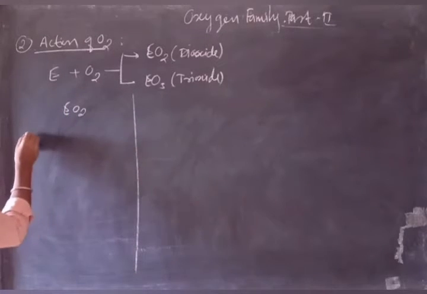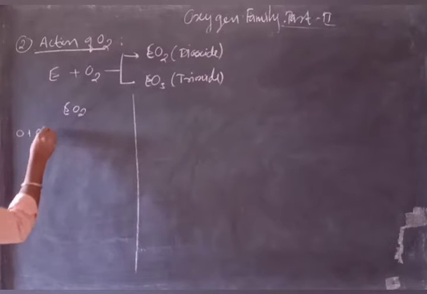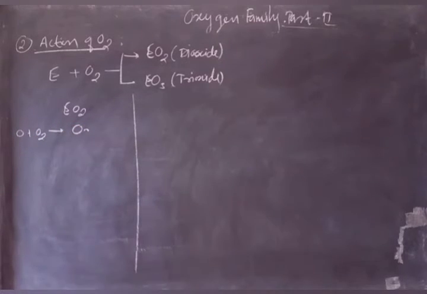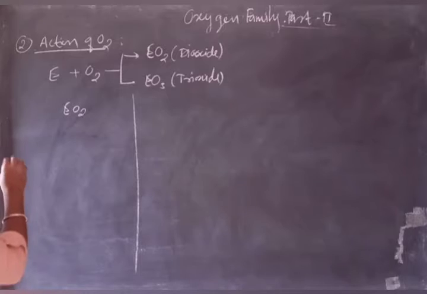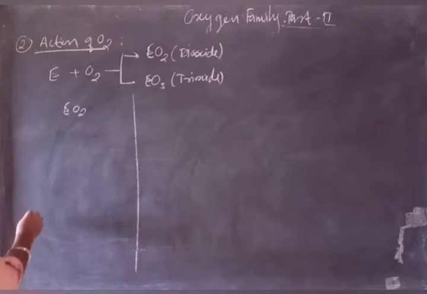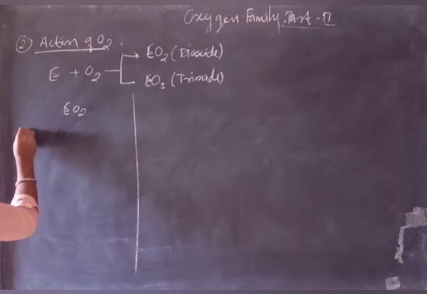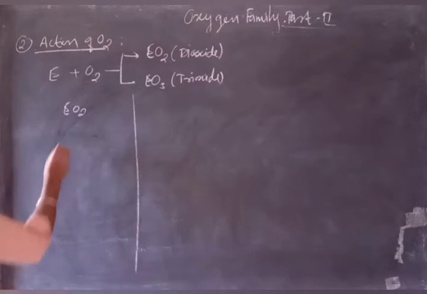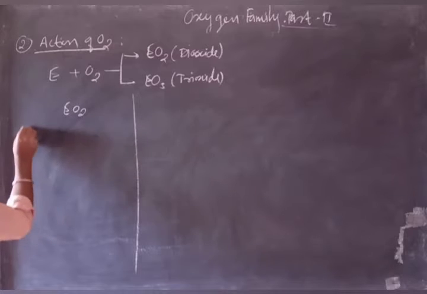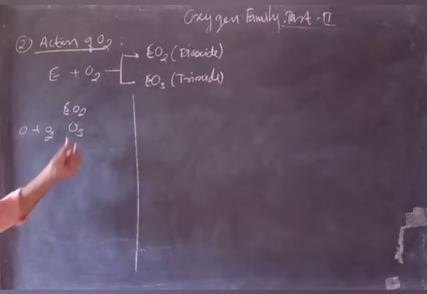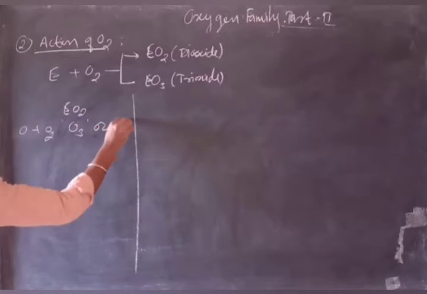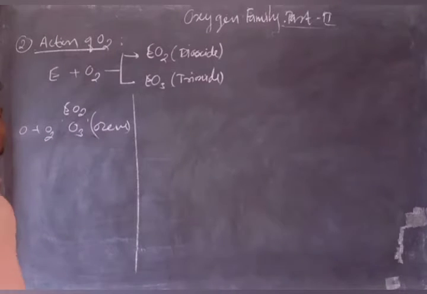Here you can imagine, oxygen is going to react with O2, and it is going to form O3, which is nothing but the dioxide of oxygen. O3, ozone, is the dioxide of oxygen element.